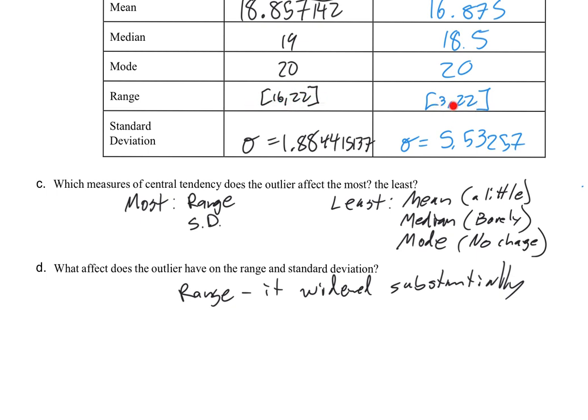And now all of a sudden we're like 19 apart. So that's a big, big difference. And on the standard deviation, what did it do? Well, it almost tripled it. Actually, that might be about triple. So I would just say it about tripled it, which is pretty significant.